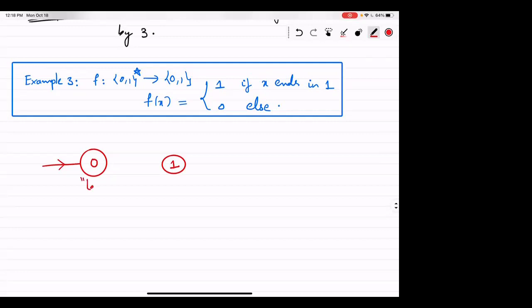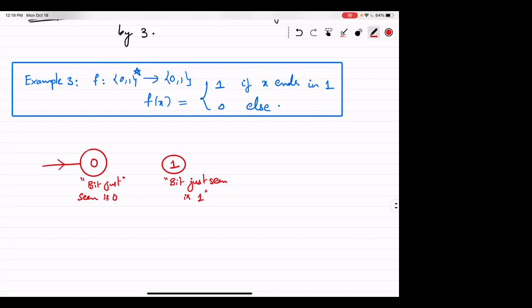And this is supposed to say that bit just seen is 0. Bit just seen is 1.